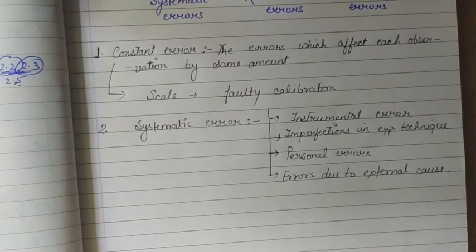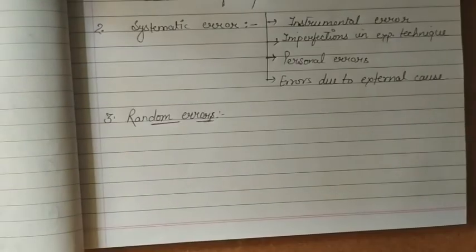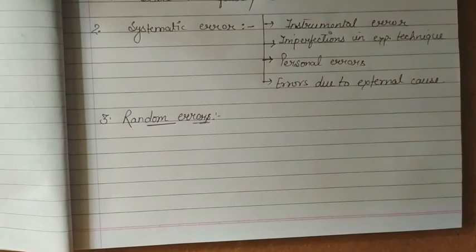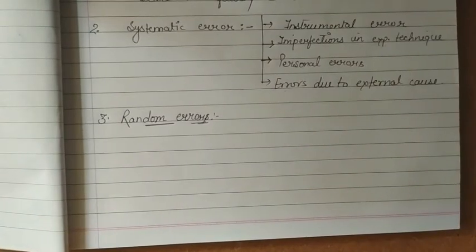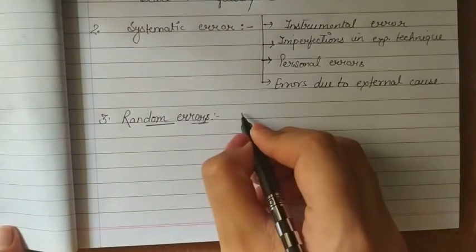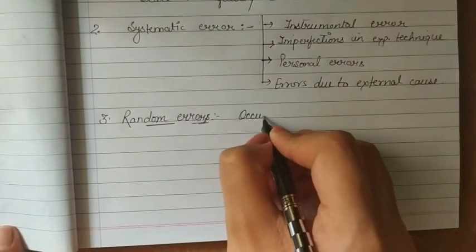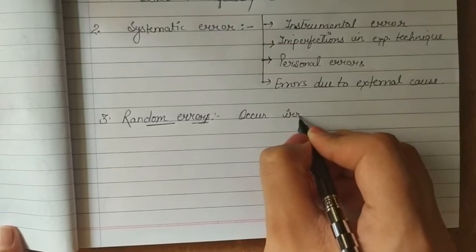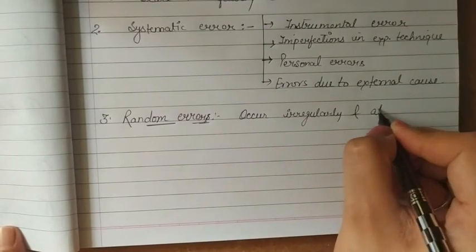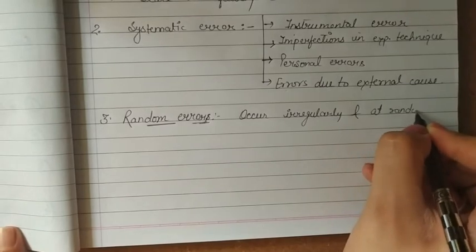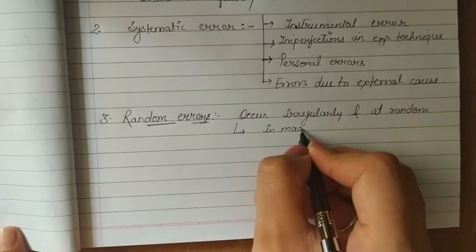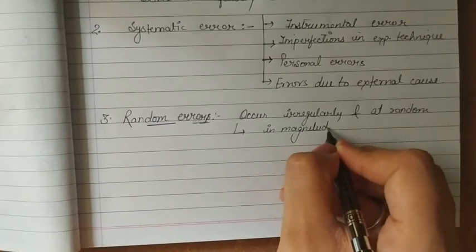Now come the random errors. Random errors are those errors which occur randomly, means these errors occur irregularly and at random. So we can write it as those errors which occur irregularly and at random, either we talk about magnitude or in direction.